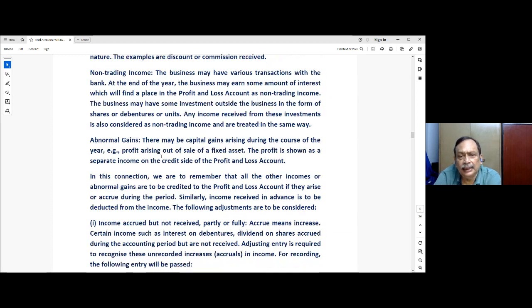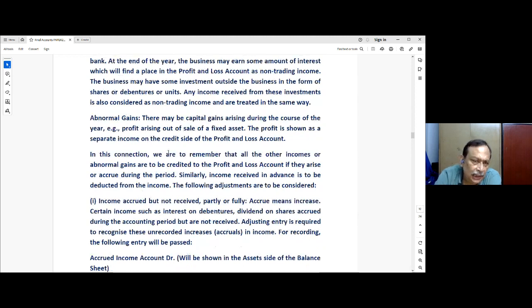Now, abnormal gains. There may be capital gains arising during the course of the year, namely profit arising out of sale of a fixed asset. The profit is shown as a separate income on the credit side of the profit and loss account.